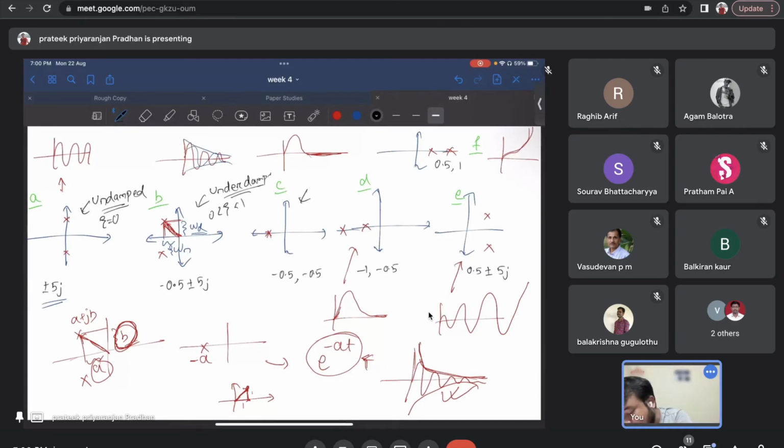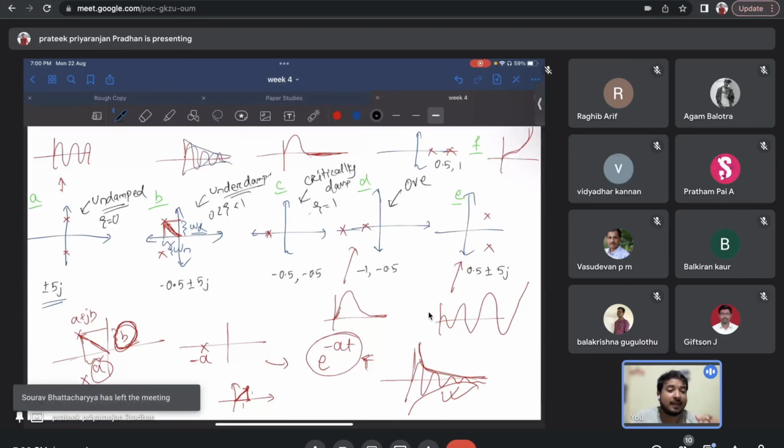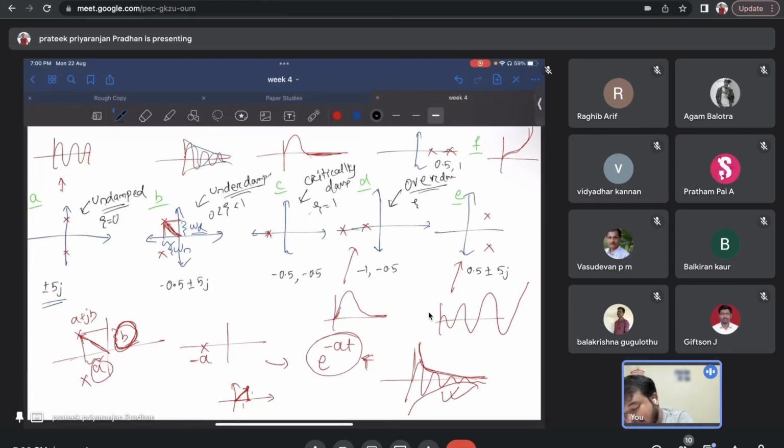This is called critically damped, where zeta is equal to 1. This is called overdamped, because there is no chance of getting the frequencies anymore, where zeta is greater than 1. That's why the poles are apart on the real axis.